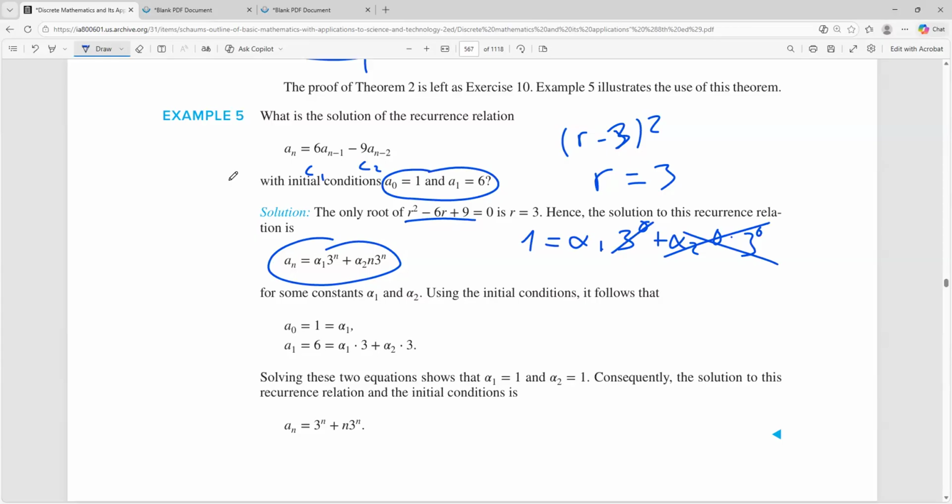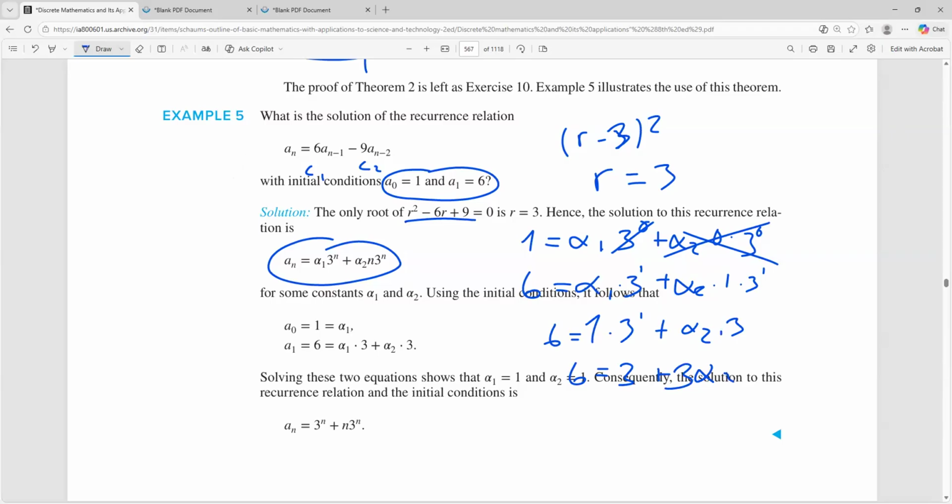Pretty easy. a1, which is 6, is equal to alpha 1 times 3 to the first plus alpha 2 times 1 times 3 to the first. Alpha 1 is 1, so that's 3 plus alpha 2 times 3, which is 6. What do I get? I get 6 is equal to 3 plus 3 alpha 2.